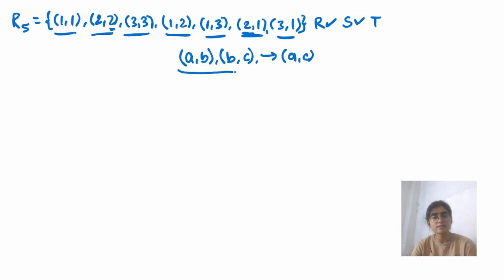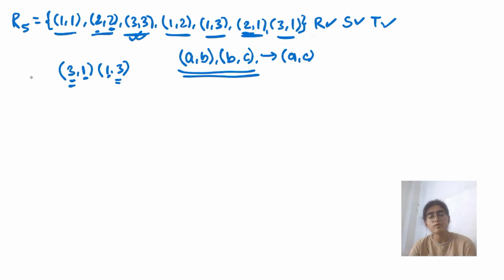So is there a pattern like this? Let's see: (2, 1) and (1, 3)? Here is 1 and here is also 1, so (2, 3) should be present. Similarly, (1, 3) and (3, 1): 3 is common, so is (1, 1) present? Yes. And (3, 1) and (1, 3): 1 is common, so is (3, 3) present? Yes, (3, 3) is present here. So this is also transitive. So from these three together, we can say that the relation here is also an equivalence relation.